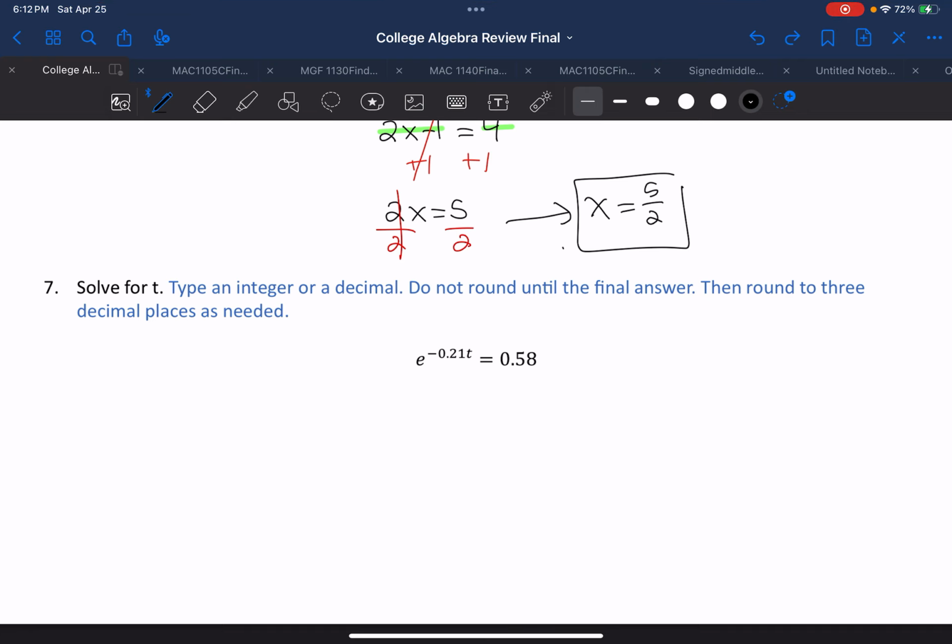So remember that one property that we learned that says I can take the log or ln of both sides of an equation, and it'll still be true. So that's what I'm going to do. I'm going to take the ln of the left side, which will give me ln of e raised to the negative 0.21t power, equal to ln of 0.58.